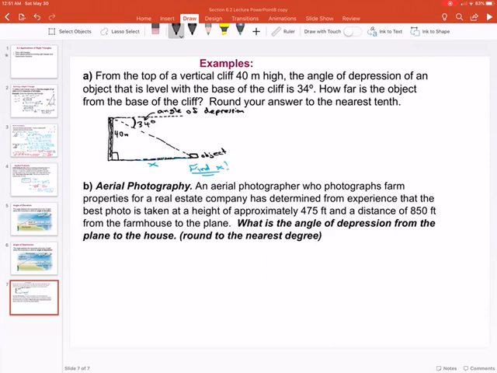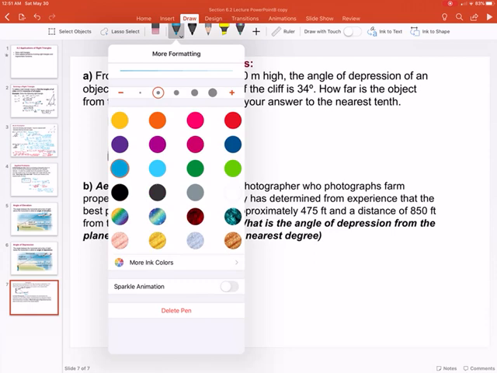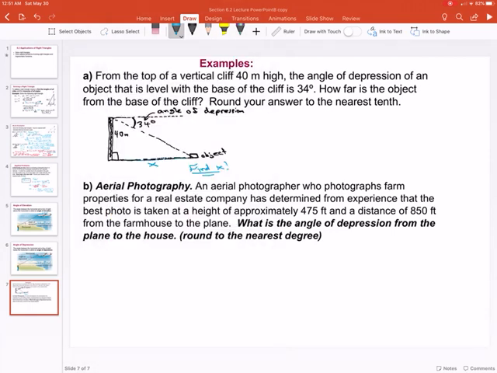While we're at it, let's go ahead and find the other angles. Now we know that this angle here would also be 34 degrees. Let's talk about the angle of elevation. Alternate interior angles are always congruent. So we draw that in. Now if you wanted to find the third angle, we could.